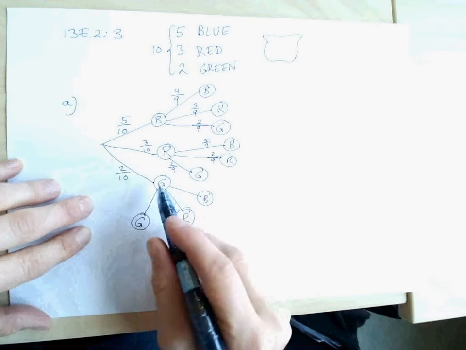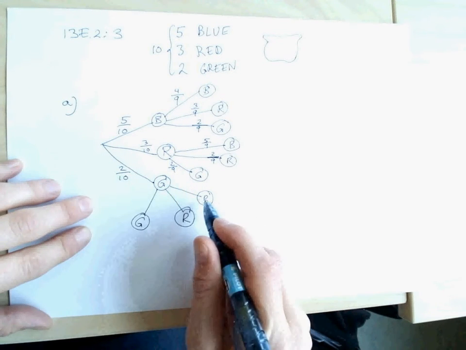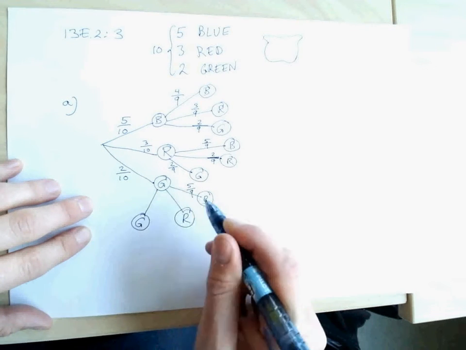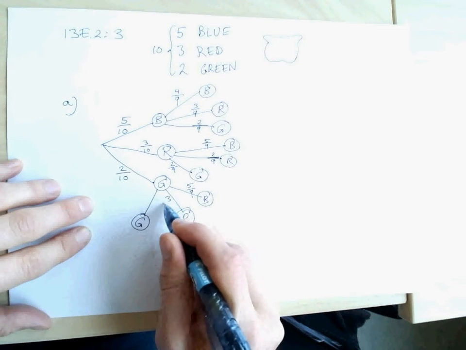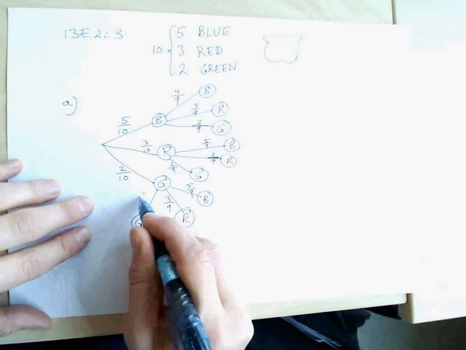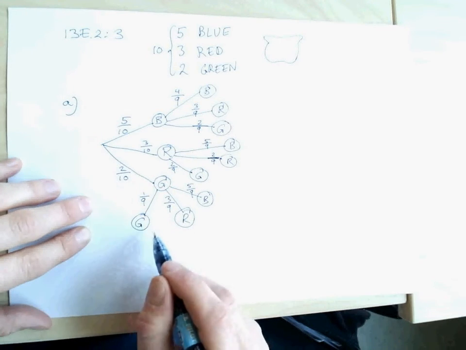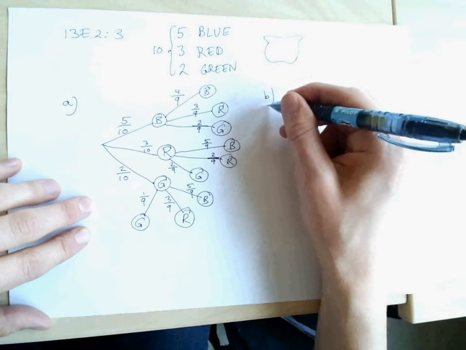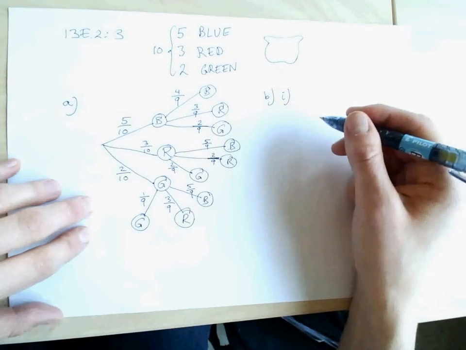And if you have first taken a green pen, then you have a probability of 5/9 to get a blue one, 3/9 to get a red one, and only 1/9 to get a green one. So now we have made up our tree diagram, and we are ready for the B question.